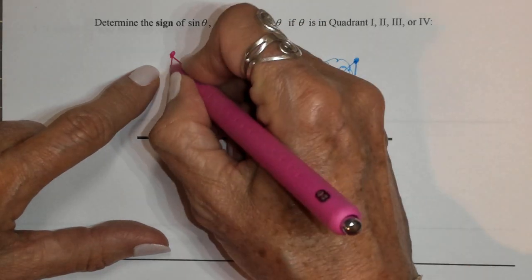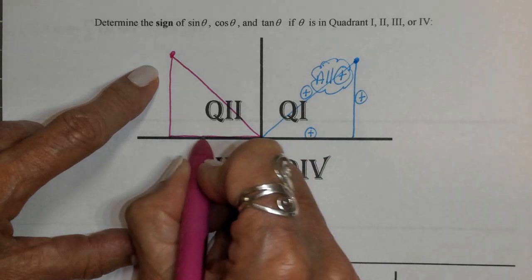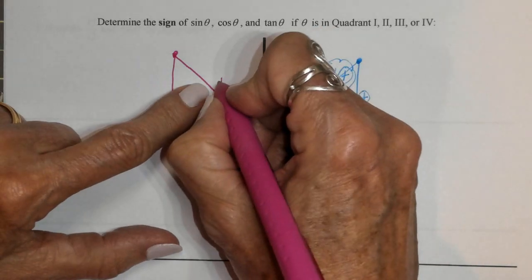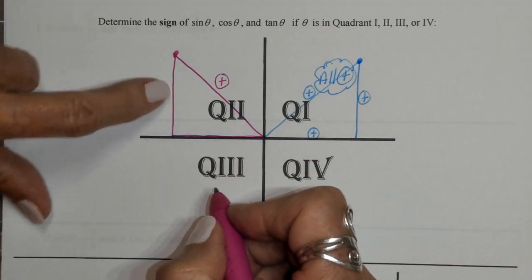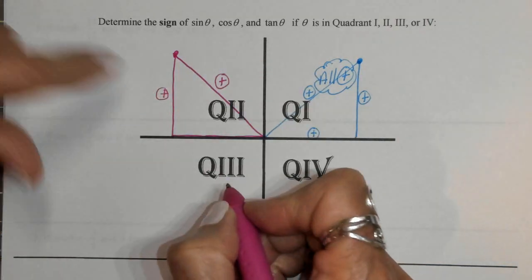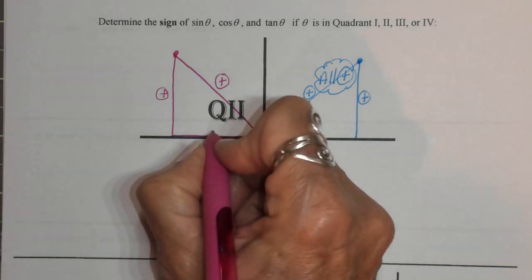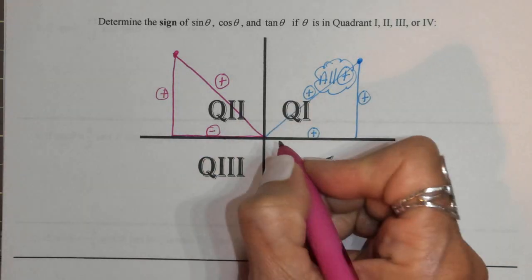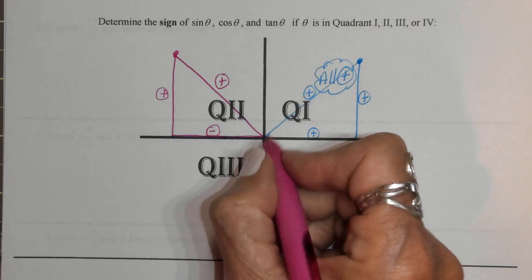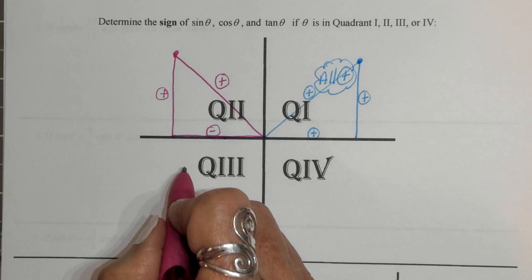Over in quadrant 2, here's your triangle. The hypotenuse is always positive. This side of the triangle is above the x-axis, so it's positive, but this side is to the left of the y-axis, so it gets a negative. So any trig ratio that has adjacent in it will need to be negative.